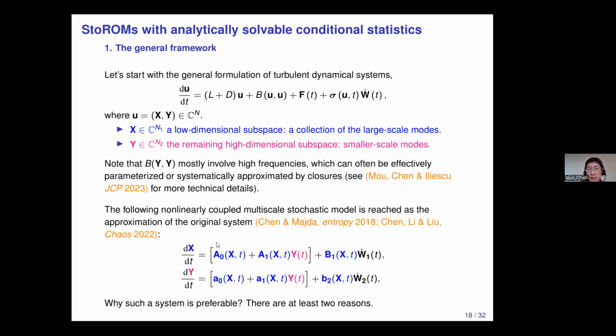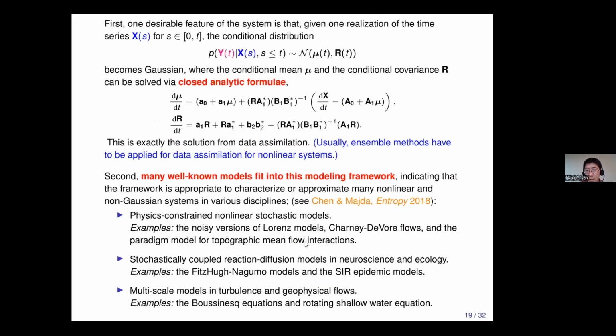So the nice thing about this equation is that there are two reasons. They will help us a lot when we try to do the statistical analysis and data assimilation. The first nice feature about this model is that Y itself appears only in a linear way, although the entire equation is highly nonlinear.